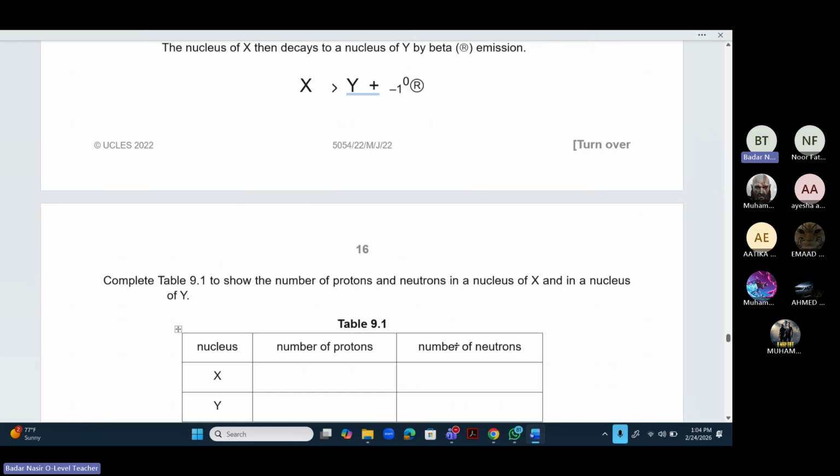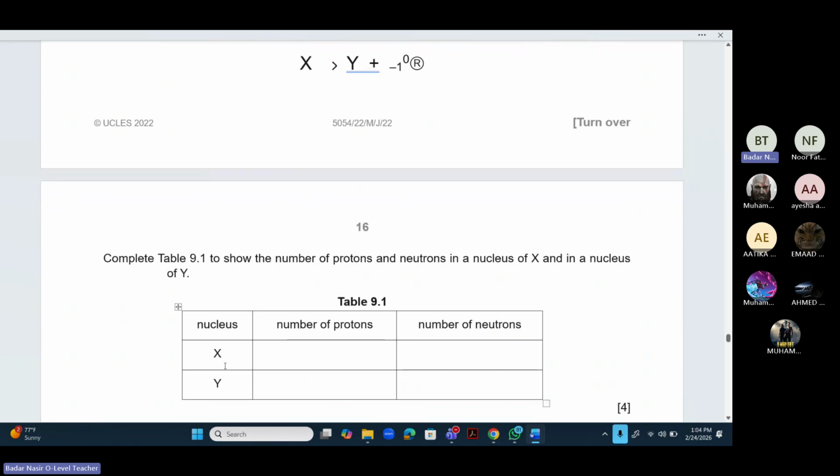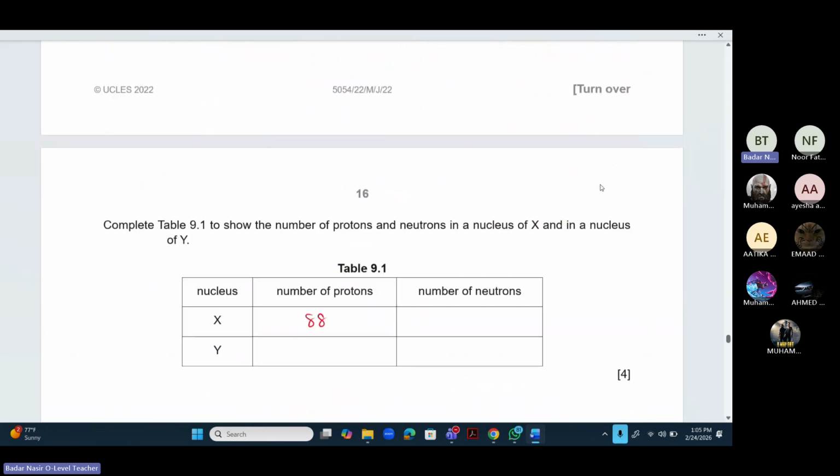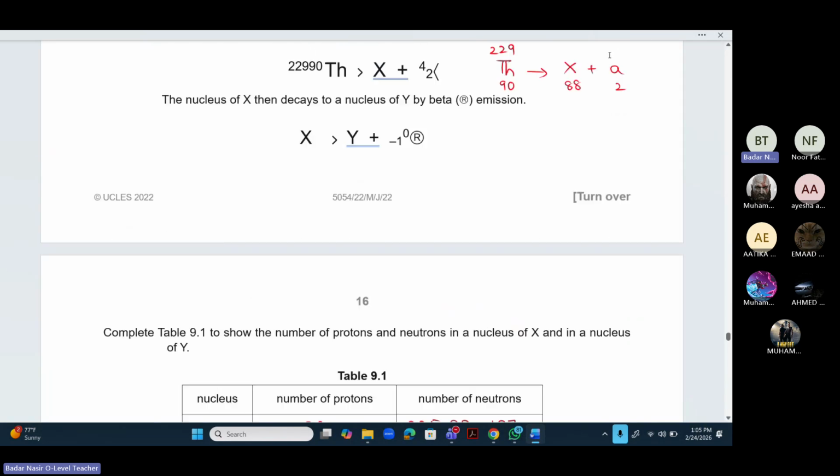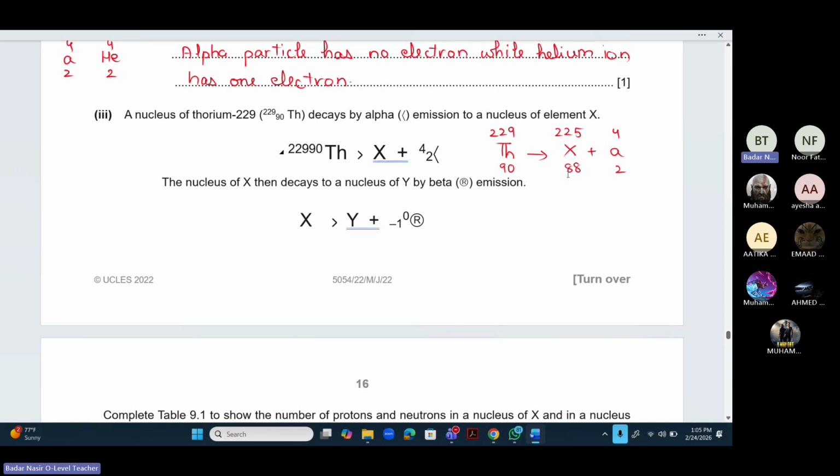So he's asking how many protons are present in nucleus X: 88. And how many neutrons: 225 minus 88, 225 में से 88 minus कर दोगे, so we get the number of neutrons, which is 137. Okay, so we get 137 neutrons.